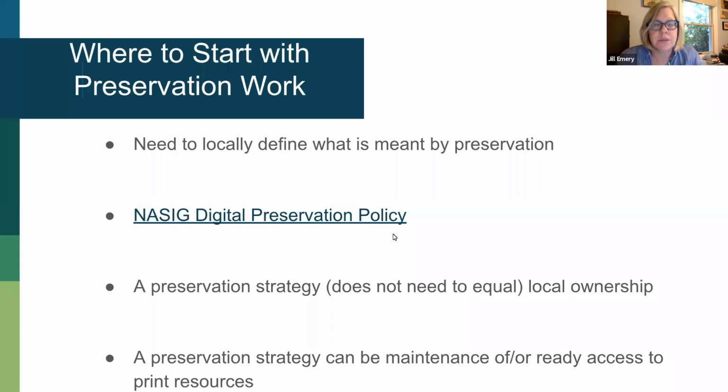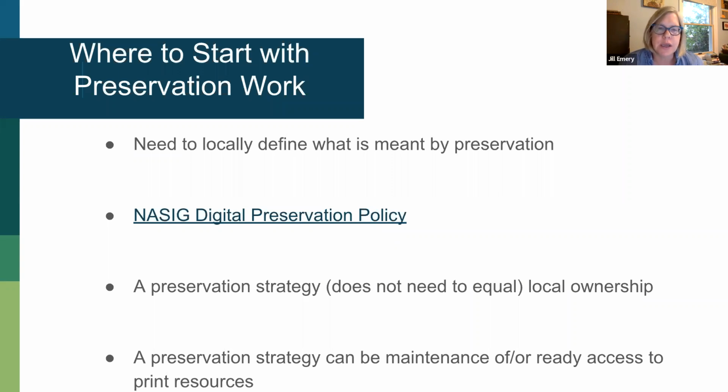Here we go. So I'm starting with background and where to start with preservation work. First off, we need to define locally what is meant by preservation. And it is helpful to have this conversation at your institution with the stakeholders that you have both within the library and outside of the library, to determine what it is you want to preserve and how you want to preserve it.